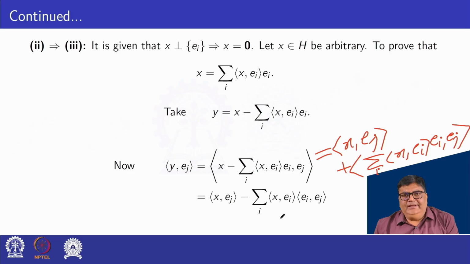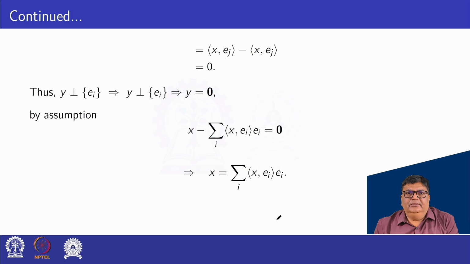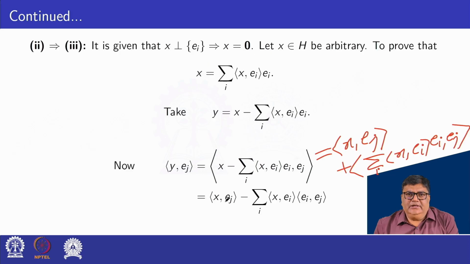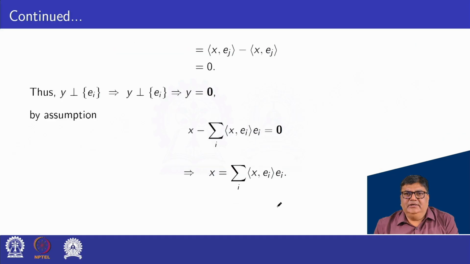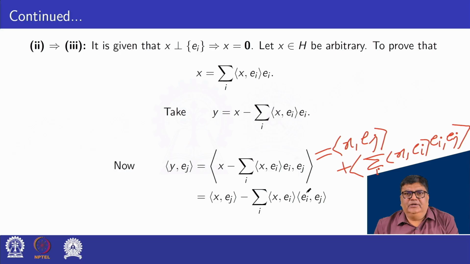So expanding this, the sum of infinite terms, all terms are different from I to J, except one term where I is equal to J. So we have this, the inner product of x and EJ minus the inner product of x and EJ. Okay.